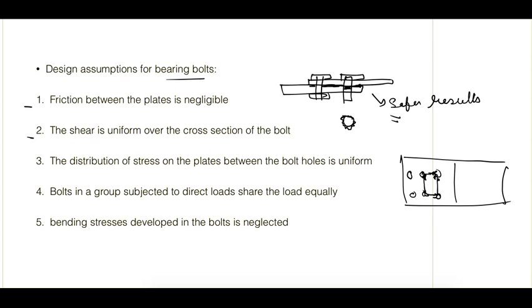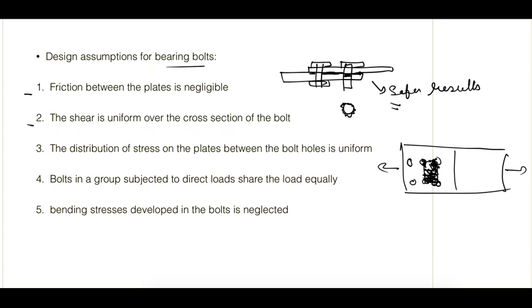But this assumption is not completely wrong, because when we increase the load, so when we are talking about the failure condition, from the edges this part of the plate will start yielding, and at the failure this whole part would have yielded. So at that point the stress is uniform, we can say, so it is not completely wrong.